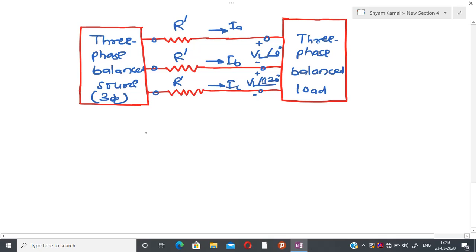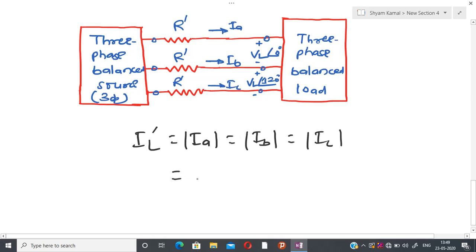And it is possible to show that line current, that is magnitude of IA equal to magnitude of IB, and that is magnitude of IC, and that is equal to PL by root 3 VL.